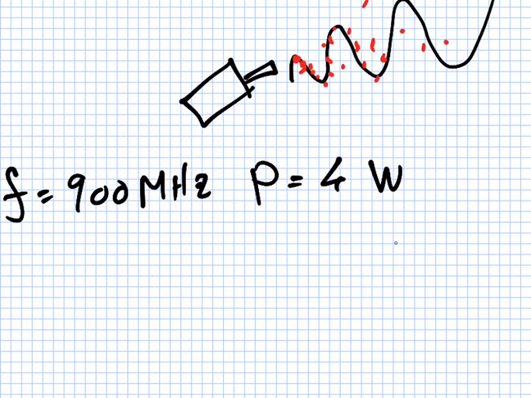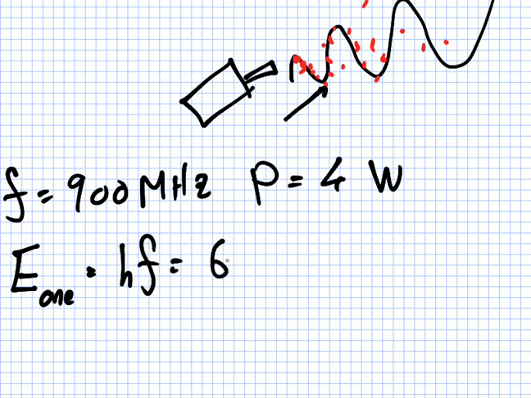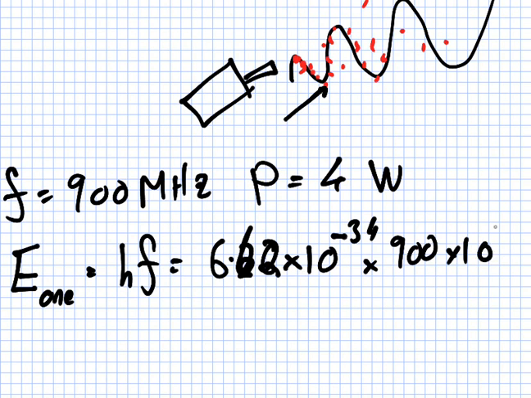The first thing we do is work out the energy of just one photon. This would be hf, which is 6.62 times 10 to the minus 34, multiplied by 900 times 10 to the 6 for mega.